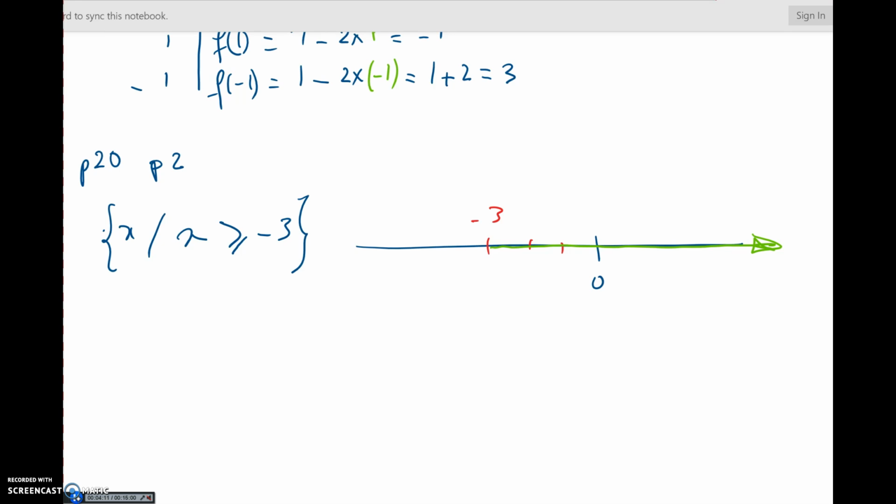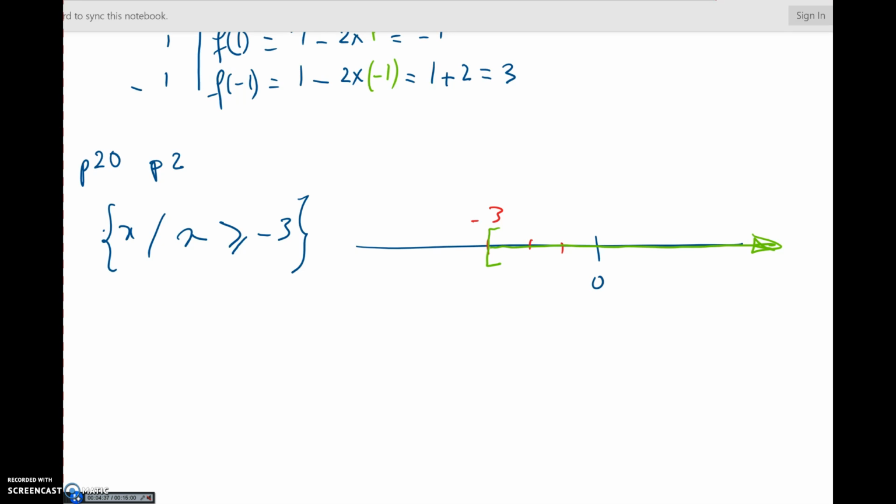Because there is an equal, that means I'm going to use my bracket. Because it's greater, it goes this way. The bracket is this way because if my line was going the other way, I would do my bracket like that. The bracket means negative 3 is also a value that x can be equal to.